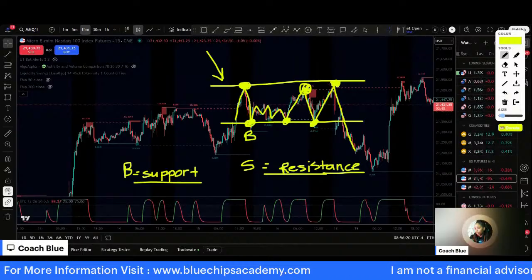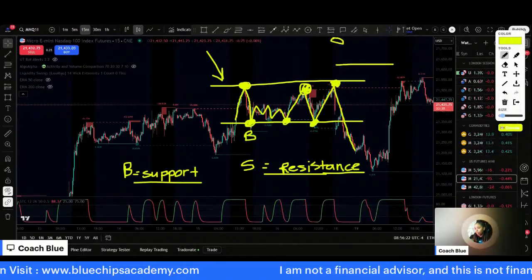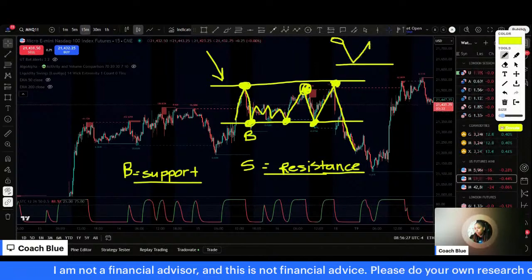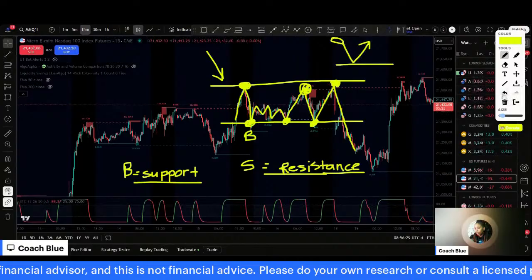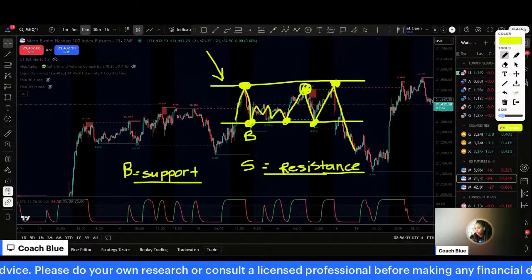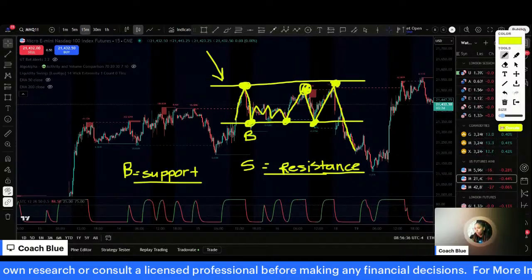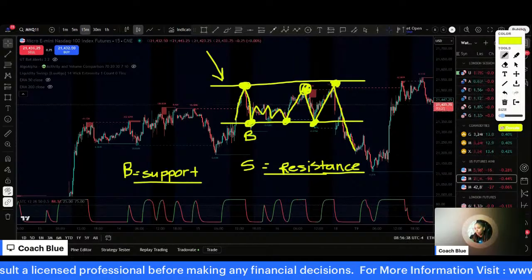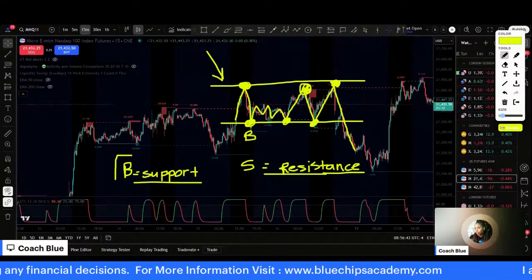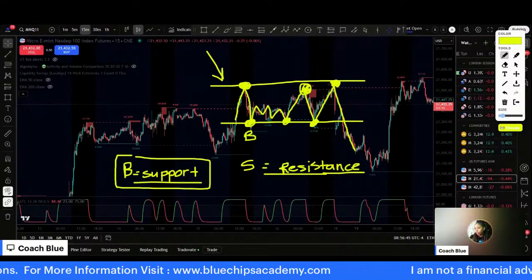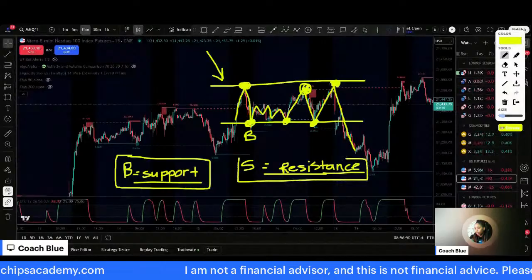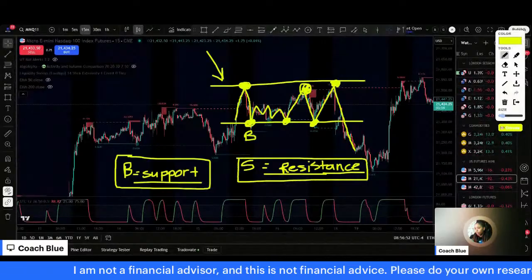If you throw the ball down to the floor, the ball bounces up. Here, when price came down to the bottom, it bounced to the upside. Came here, bounced to the upside, came here, bounced to the upside. Found support. So buys are most conducive at levels of support, and sells are most conducive at levels of resistance.